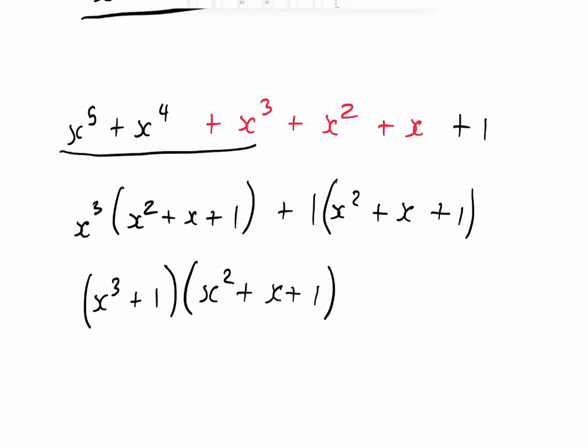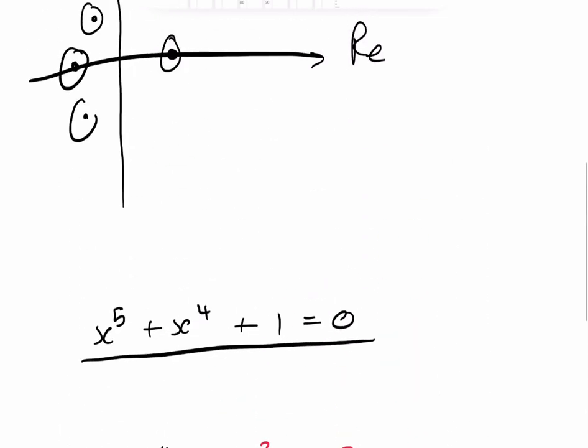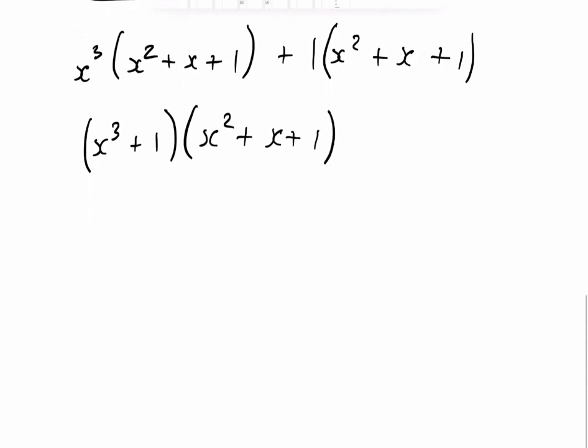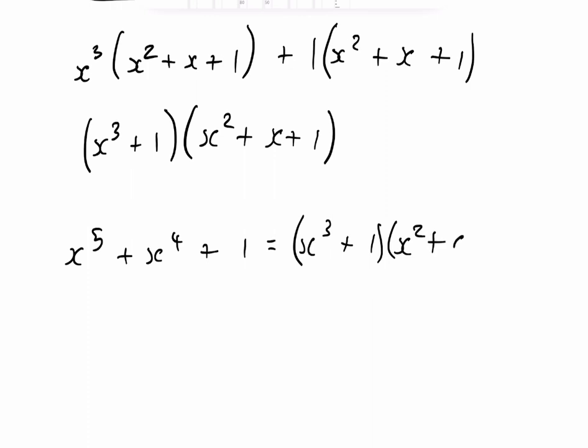Now, how does that help us with our original problem? Well, we can write our original problem by saying that x to the 5 plus x to the 4 plus 1 is the same as writing (x cubed plus 1) times (x squared plus x plus 1), which is what we found up here. But this time we're going to minus x cubed minus x squared minus x.